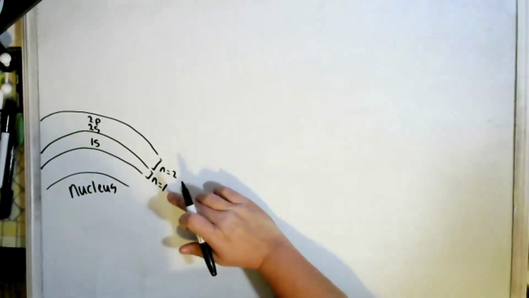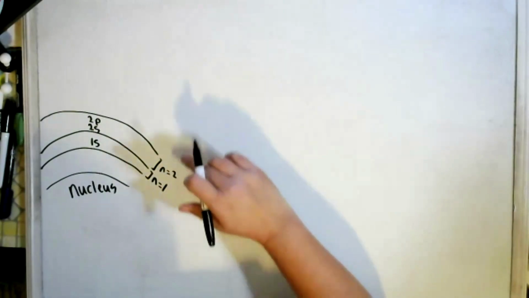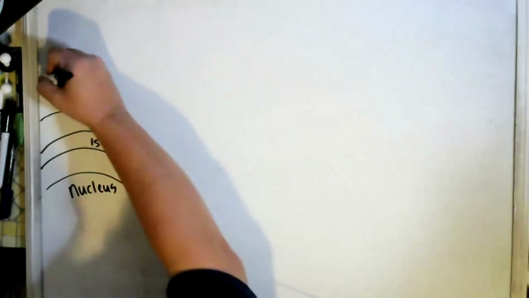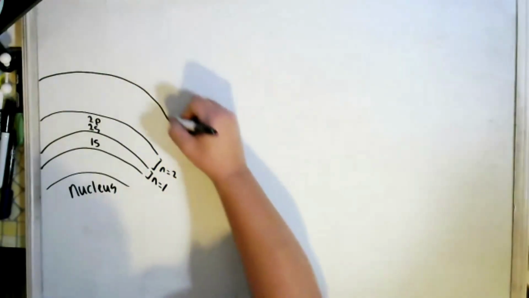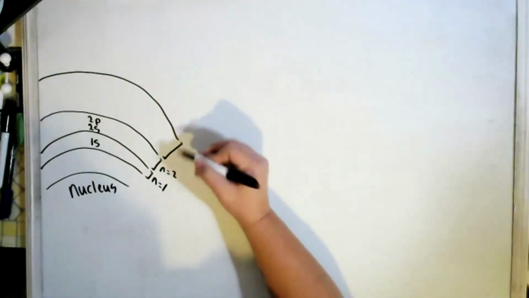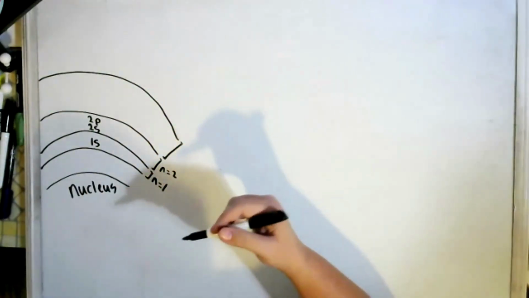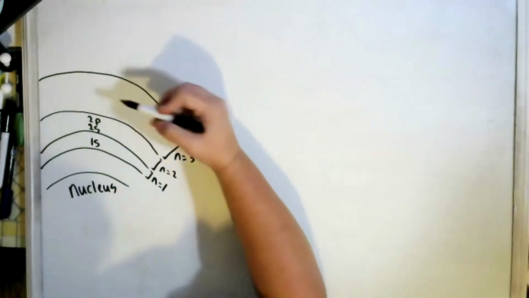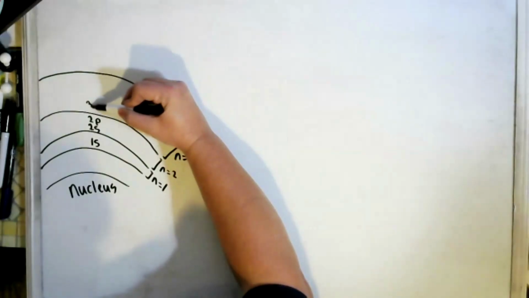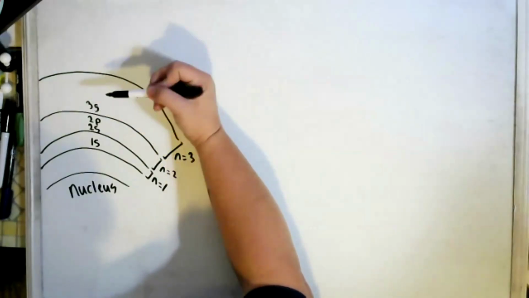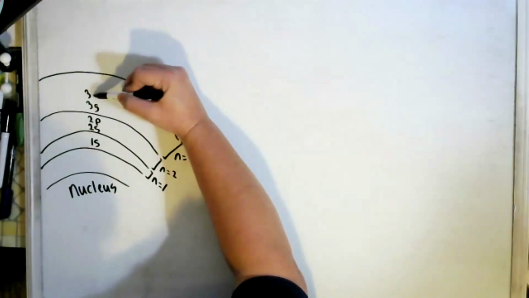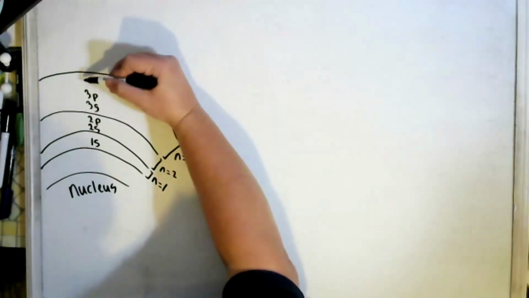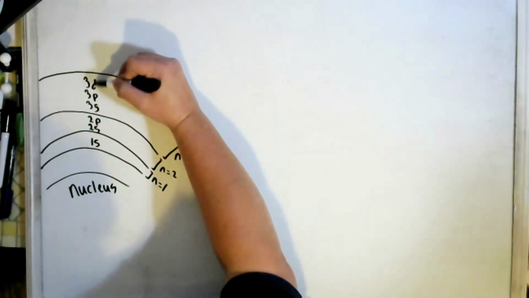And you want to do that for the first energy level, the second, the third, and the fourth. For every additional energy level, we're going to add a new sublevel to it. So when our n value is 3, we're going to be able to have a 3s sublevel, a 3p sublevel, and a 3d sublevel.